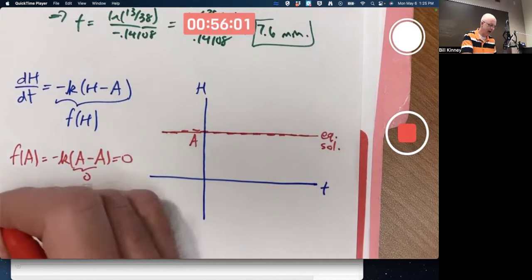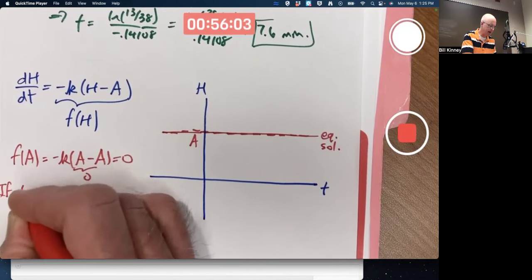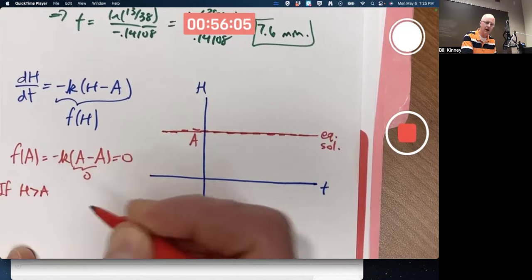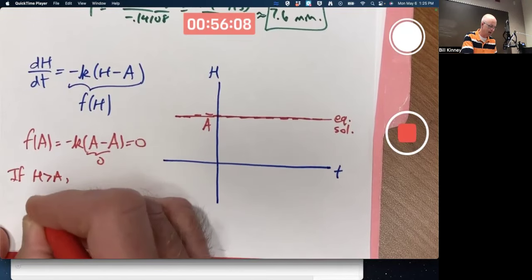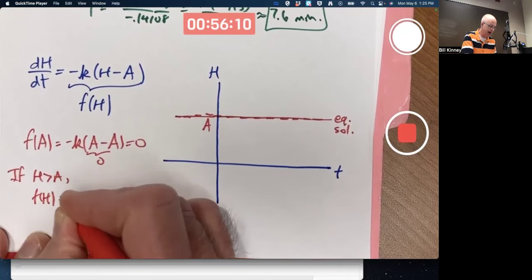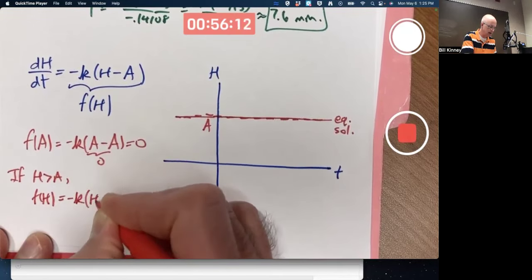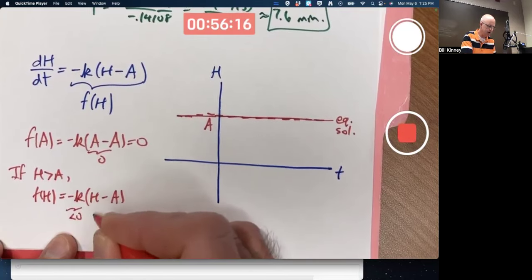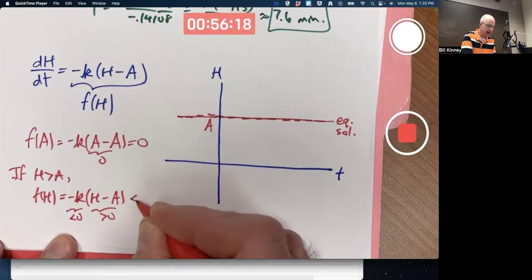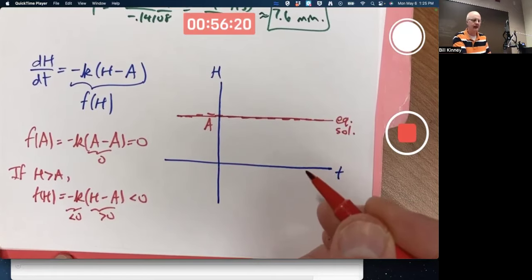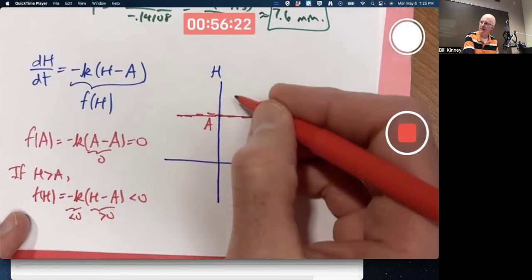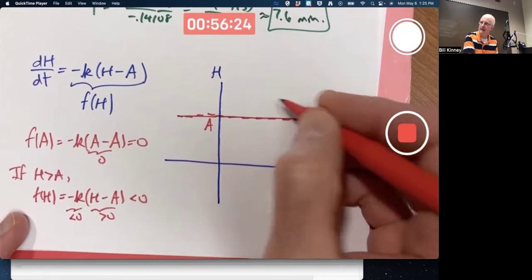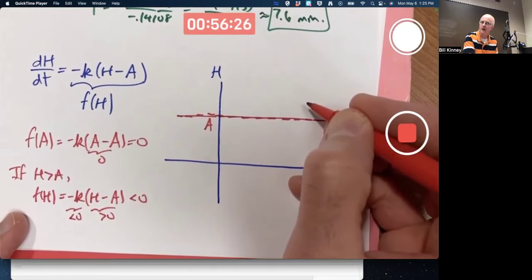On the other hand, if H is bigger than A, cooling coffee, F of H in value is going to be a negative times a positive, giving you a negative. And the slopes that I make will all be negative in slope. The line segments will all have negative slope.